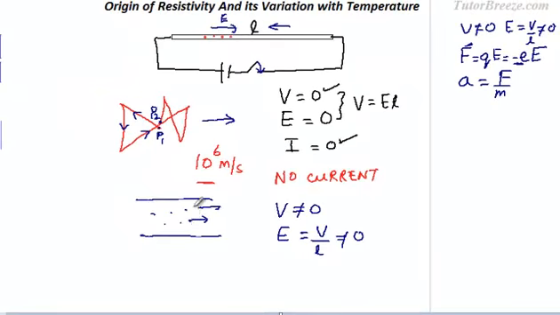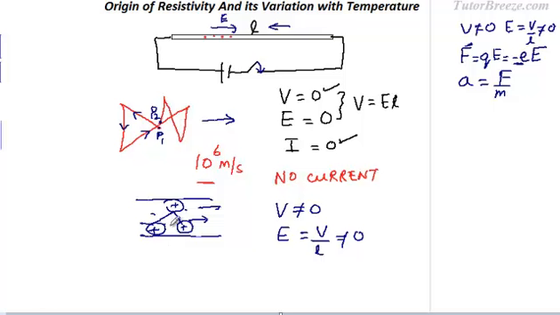But remember that the electron is moving inside the conductor, and inside the conductor there are massive and almost stationary positive ions. These are the free electrons, and these are the positive ions of that atom. As they try to accelerate, they hit an ion. If an electron moves in this direction, it hits an ion. Then it moves off in this direction and hits another ion. Then it moves in this direction, it hits an ion.